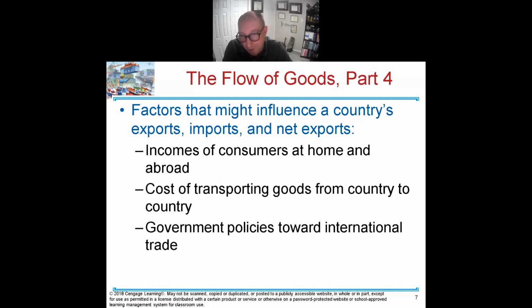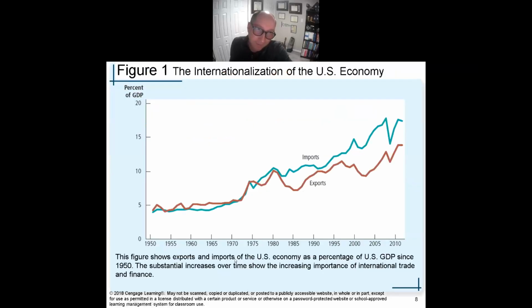Government policies also have an impact on imports, exports, and net exports. Things like tariffs or quotas. This chart shows us imports and exports for the United States from about 1950 to almost present day.